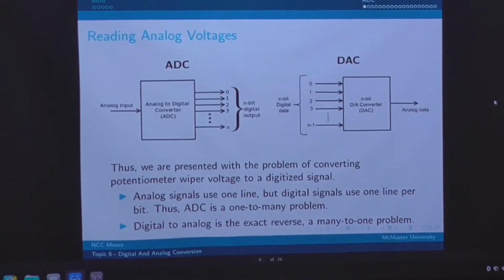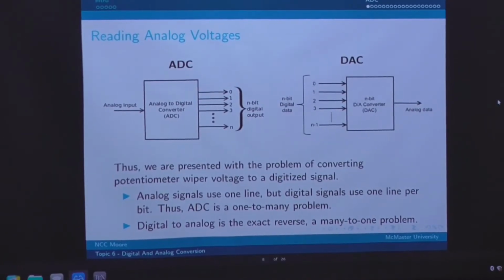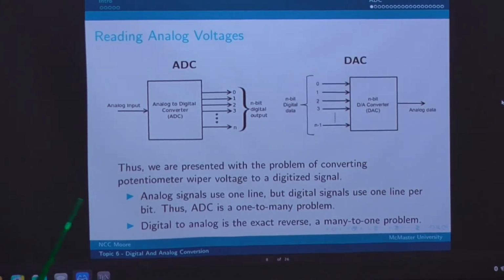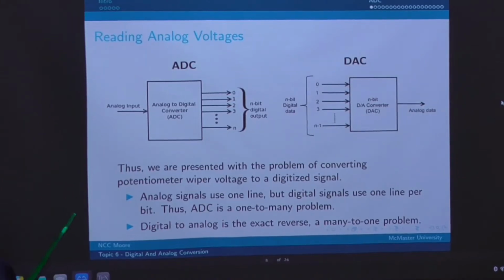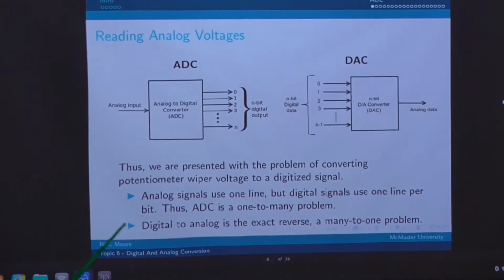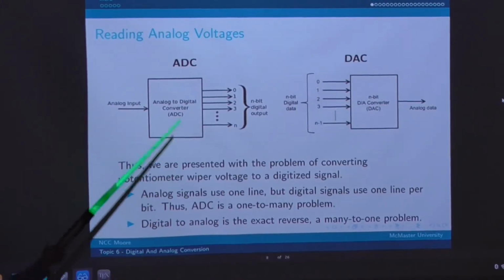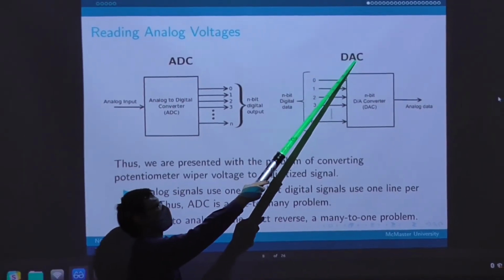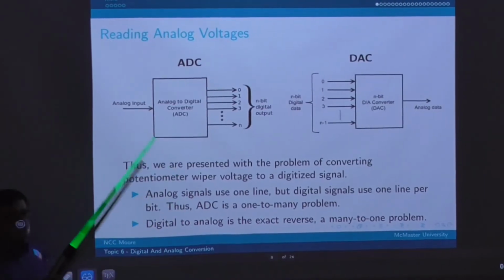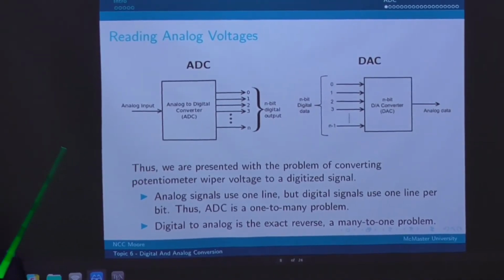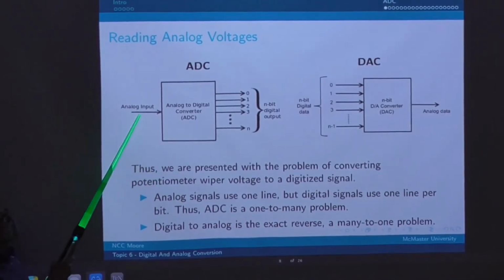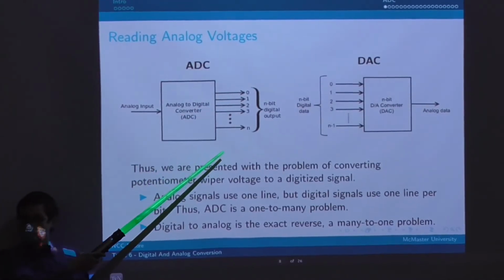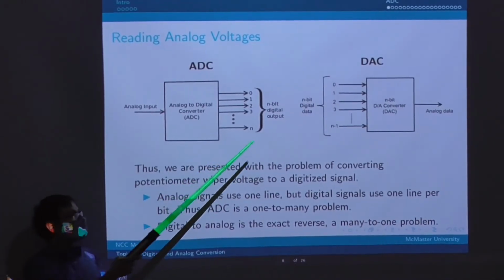So, to the subject of reading voltages. We are thus presented with the problem of converting potentiometer wiper voltage to a digitized signal. We have analog to digital conversion, and we have digital to analog conversion. In the case of analog to digital, we are essentially going from one wire to many, right?